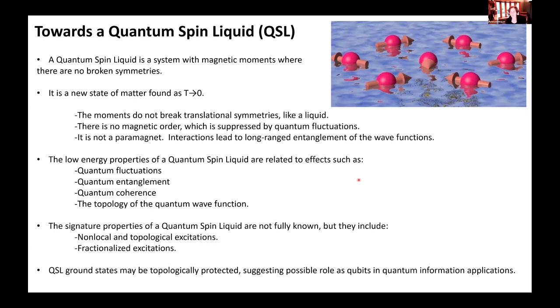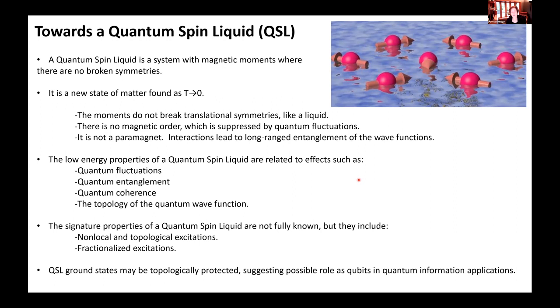In the absence of magnetic order, you could ask, what's the alternative? And the answer is that magnetic order is ordinarily suppressed by arranging there to be, for one reason or another, very strong quantum fluctuations, which overwhelm the tendency to order. But you should not be confused that this material is a paramagnet. It definitely is not that.